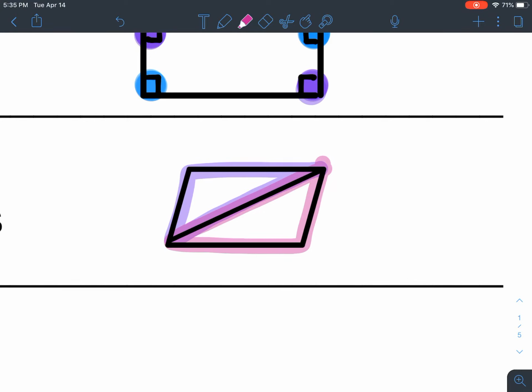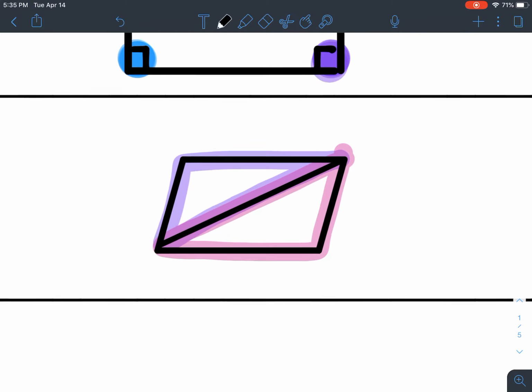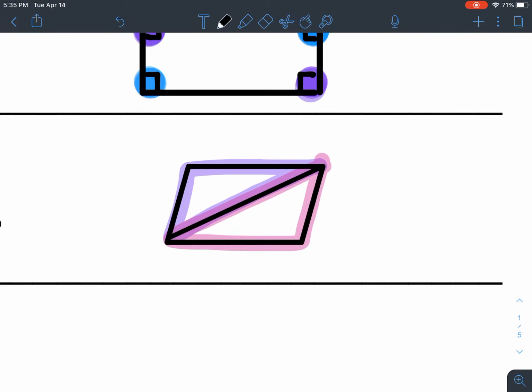It can be through any of the shortcuts: side-side-side, side-angle-side, angle-side-angle, angle-angle-side. Mostly, this side has to be congruent to this side, and this side to this side, and then we could state that the opposite angles were congruent using side-angle-side. We could also state that this side is congruent to itself because of reflexive, which means the triangles are congruent because of side-side-side. And you could go through that with the other 2 as well.